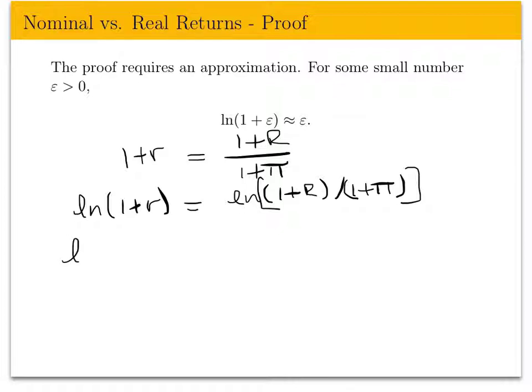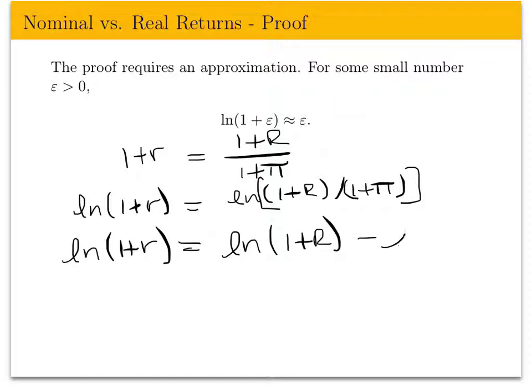Well, the properties of the natural logs dictate, first I'm going to leave the left-hand side exactly the same. It turns out the log of a over b is equal to the log of a minus the log of b. So let's take the log of 1 plus nominal rate minus the log of 1 plus inflation.